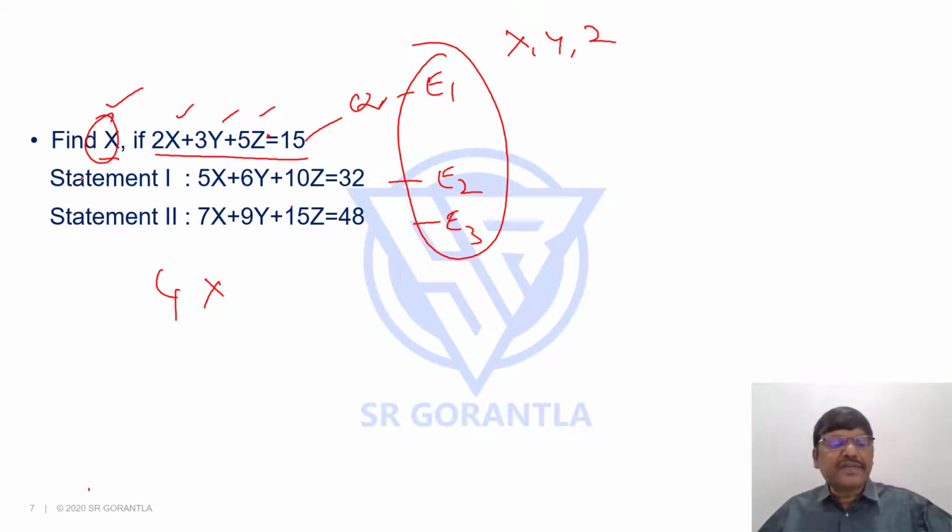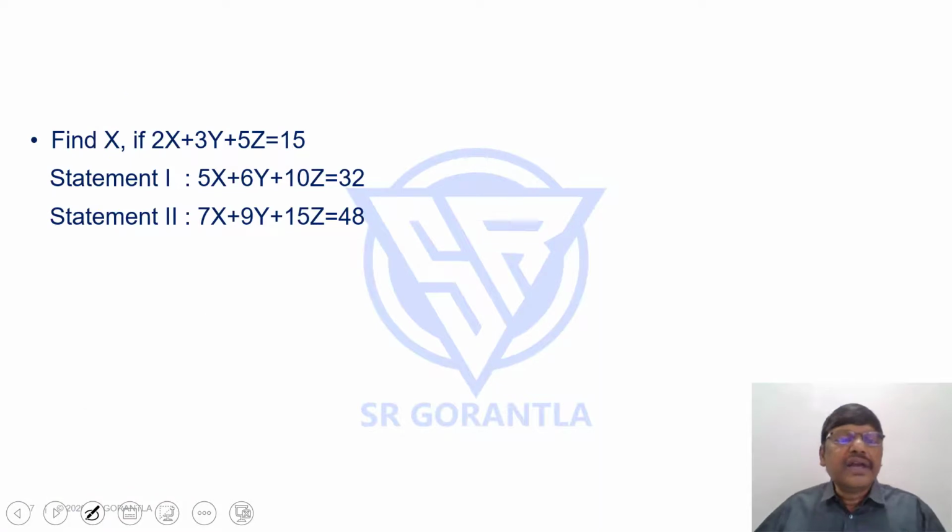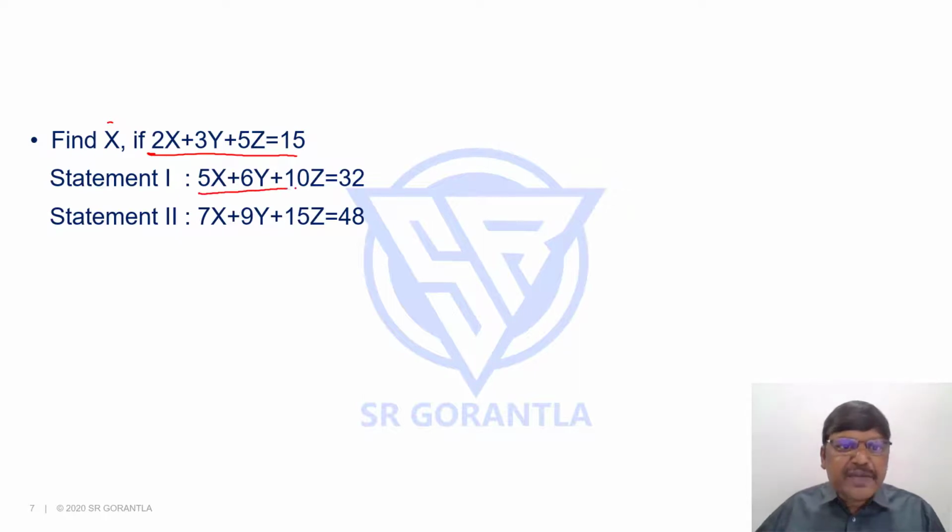Students, if you see this, you need the x value. There is 2x plus 3y plus 5z is 15 and 5x plus 6y plus 10z is 32. In one of the previous videos, on special cases of simple equations, we discussed in detail that sometimes when there are 2 equations and 3 unknowns like this, I can still find one variable.